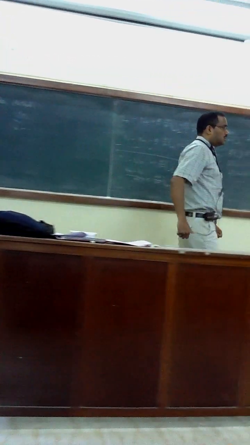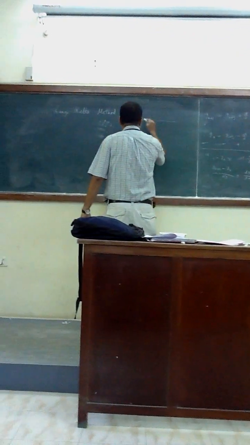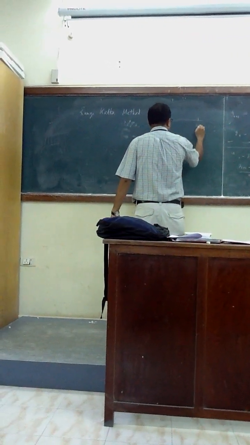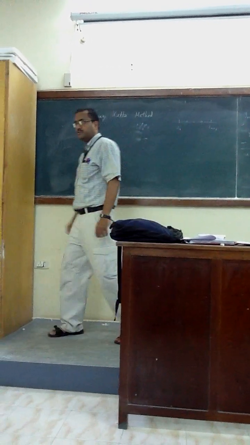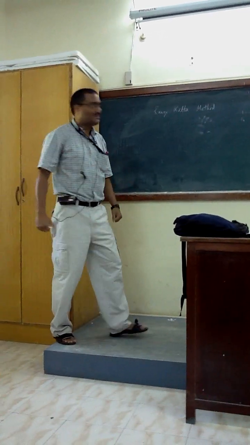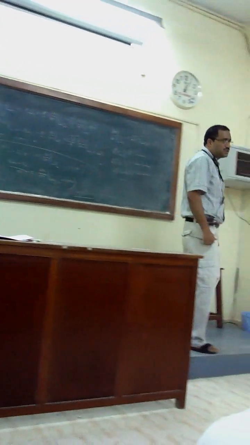So Runge-Kutta method, what actually we do, we have Tn, we have Tn plus 1, and we can actually have in between so many functional operations. In between so many functions. So it is actually really multi-step.